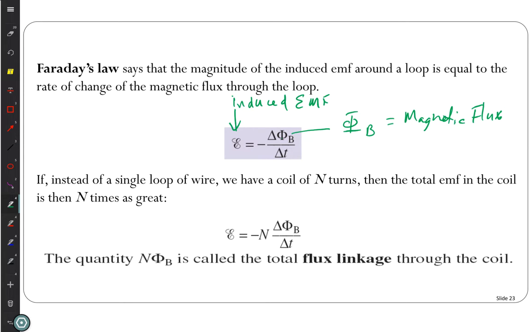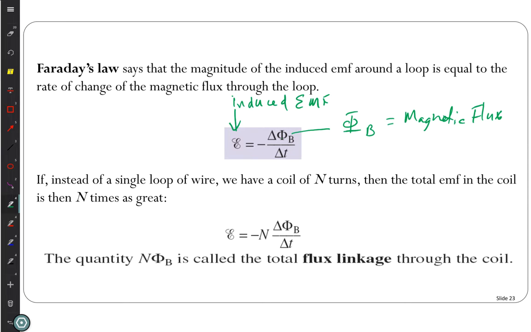This loop of wire has an area inside it, this area here. The direction for that is coming out. And so if I take this, the flux going through this would be the area of the circle multiplied by the strength of the magnetic field multiplied by sine of the angle between the direction my finger's pointing going out of the surface and the magnetic field. So that's what we're doing for the magnetic flux here.